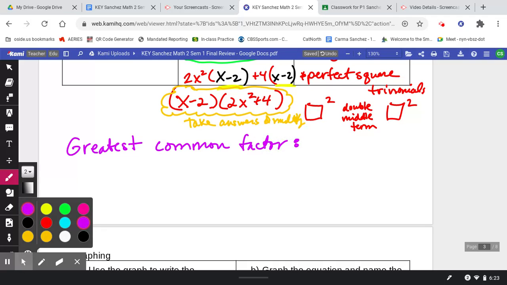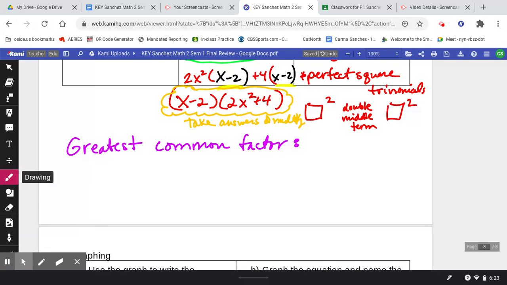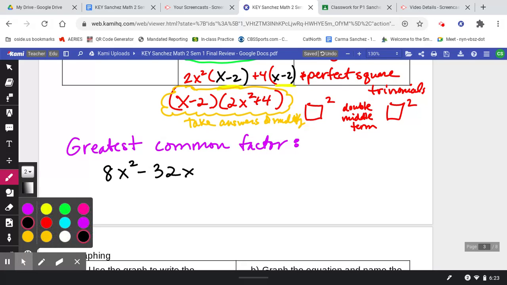And so the greatest common factor of something like 8x squared minus 32x, and we want to find the factor, we're going to look at what can divide out. So hopefully if you look at this, you see that an 8 divides out and an extra x.